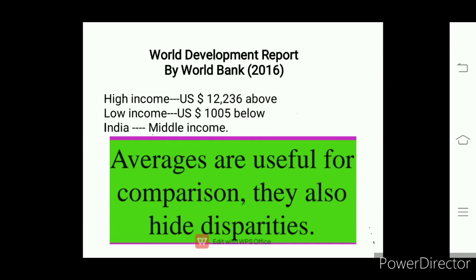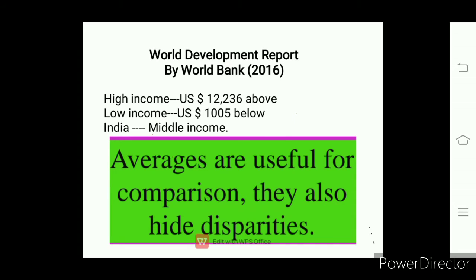So here coming to the point, averages, that is per capita income. So per capita income is useful for comparison, but it also has some disparities. Disparities in the sense demerits. Understand?